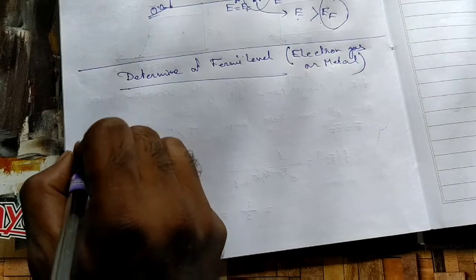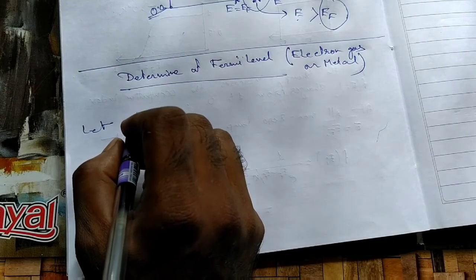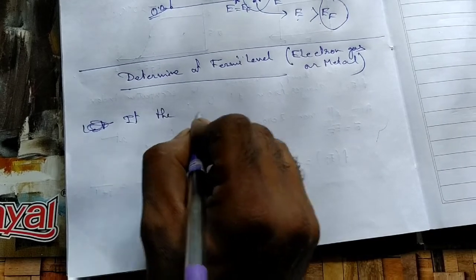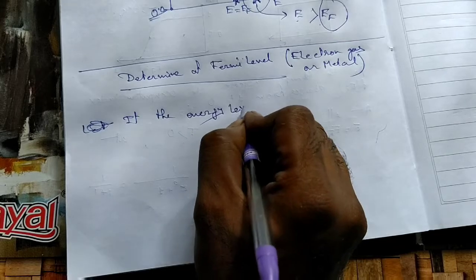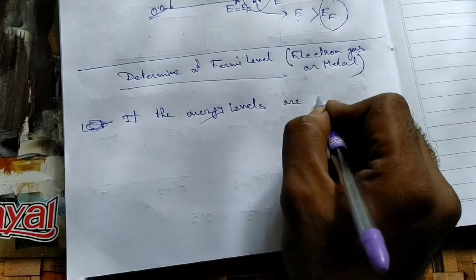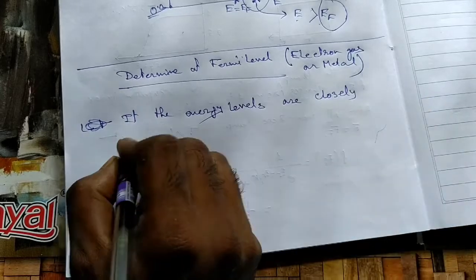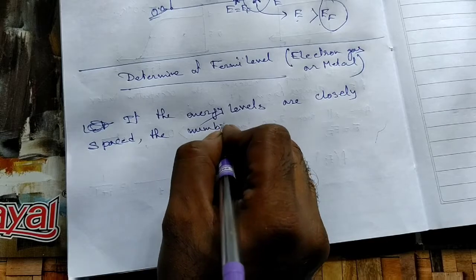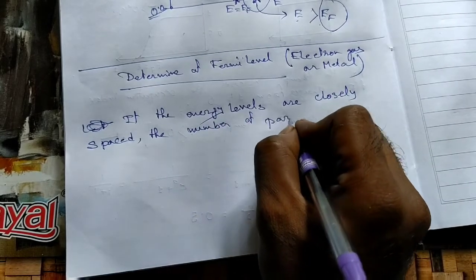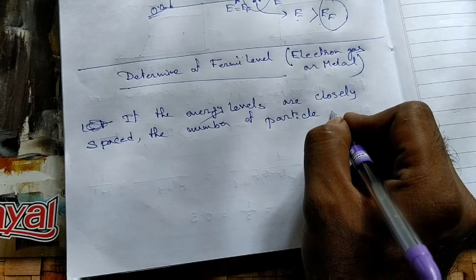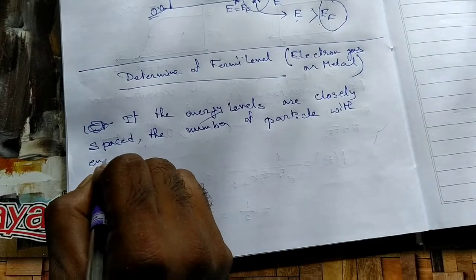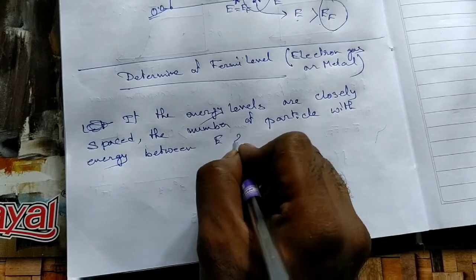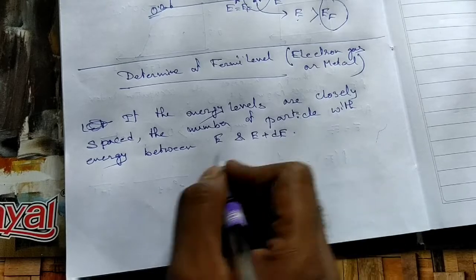Okay, if the energy levels are closely spaced, the number of particles with energy between E and E plus dE.